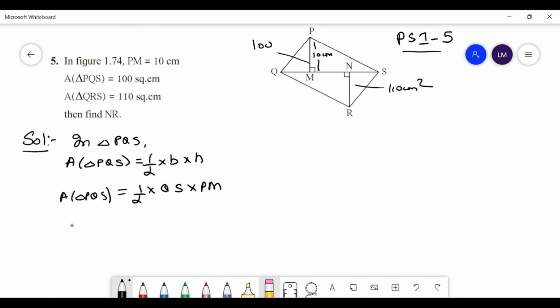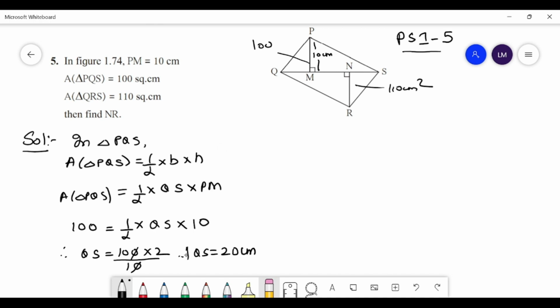We'll write the value of area: 100 is equal to half into the value of QS into PM, which is 10. Therefore, the value of QS is equal to 100 into 2 upon 10. 0, 0 cancel. Therefore, the value for QS is 20 centimeter.